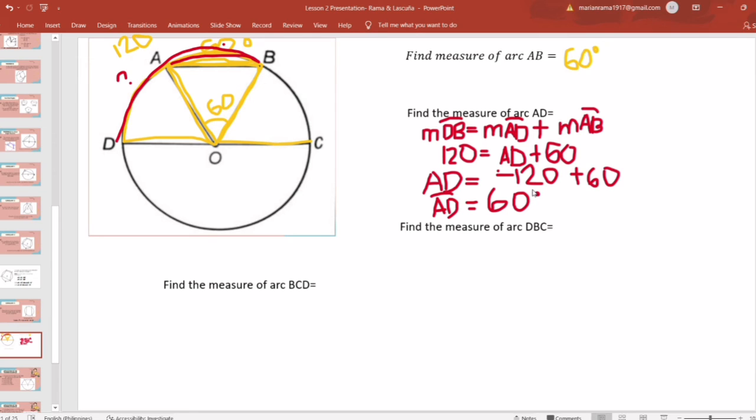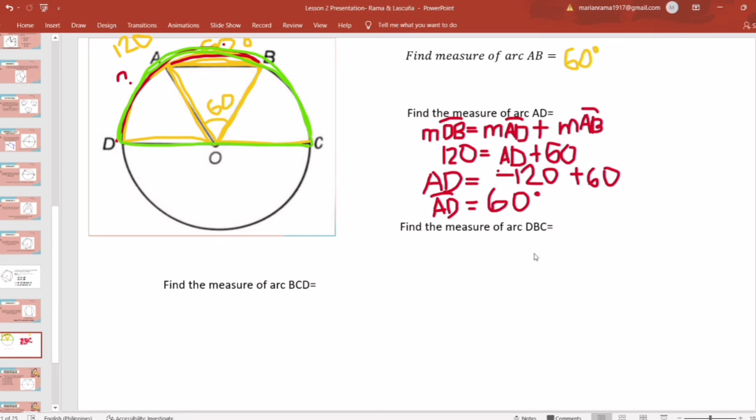Next, find the measure of arc DBC. Since the whole circle is equal to 360, as you can see, DBC is equal to half of our circle.